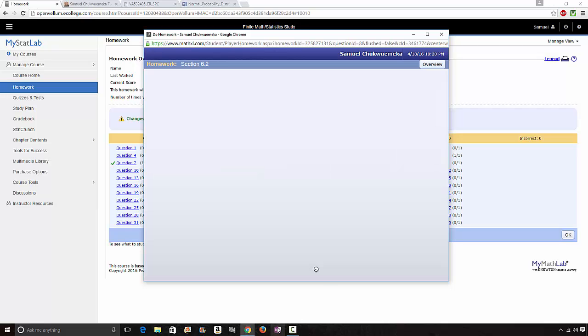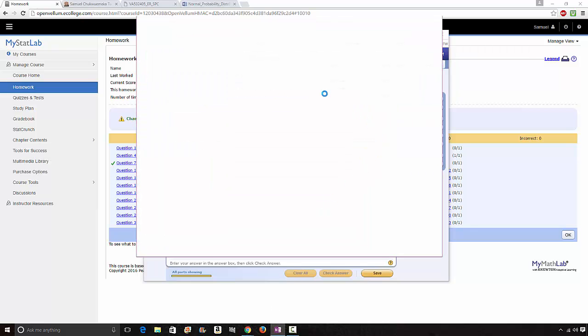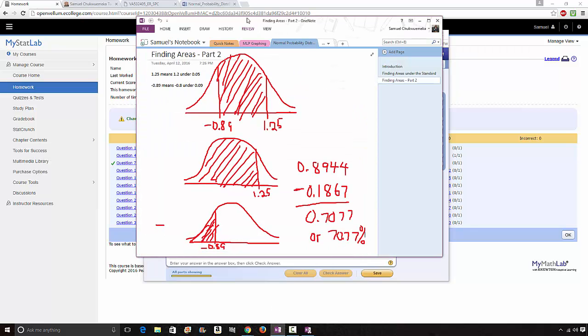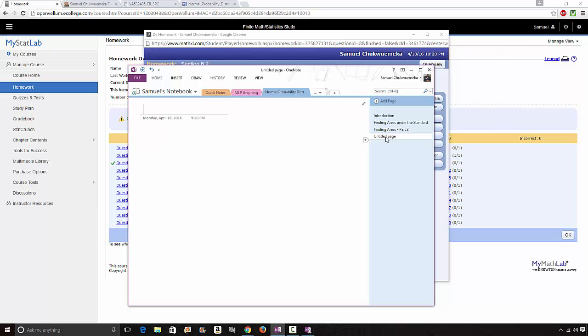and I will pull up my notebook. I will add a new page here, normal distribution part 3, in my notebook.